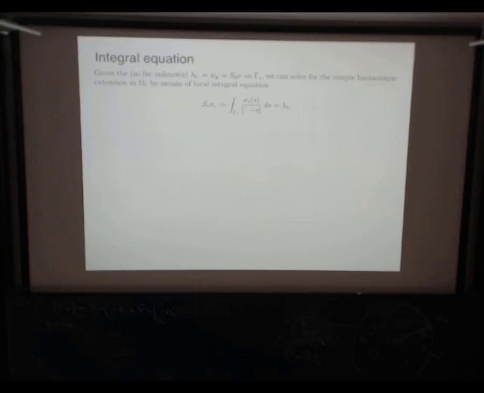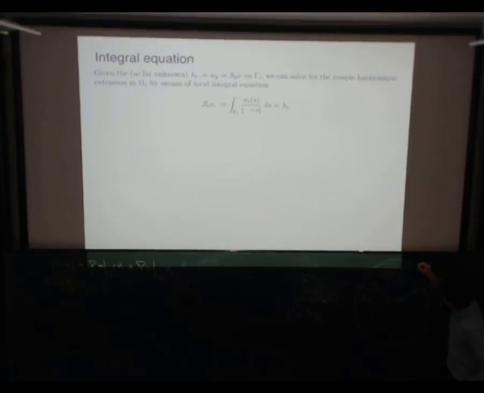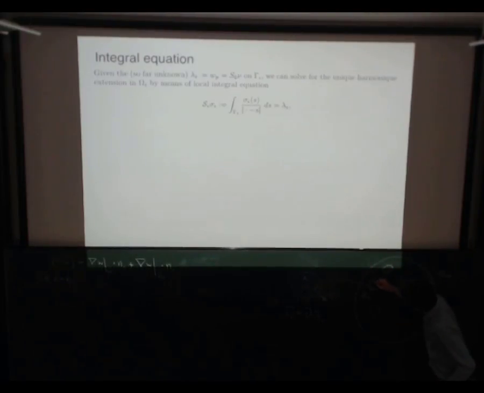Now, to derive the integral equation, start from the point where you assume to be given WP on all the interfaces, on the exterior ball, but also on the interior spheres here.